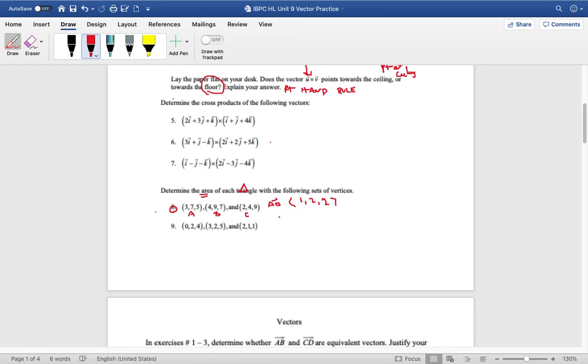Then I did vector AC, because I want to join at A to create these adjacent vectors. I did the components of C minus the components of A, and I got -1, -3, 4. Again, check my math on that.